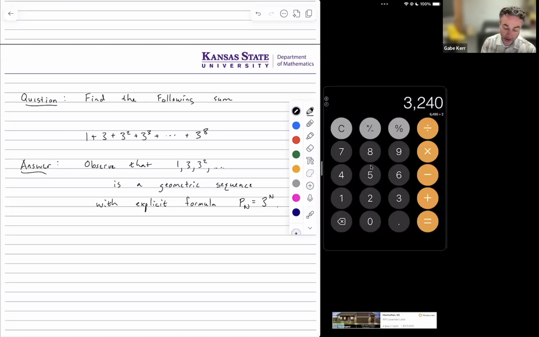Okay. Now, what is the geometric sum formula?